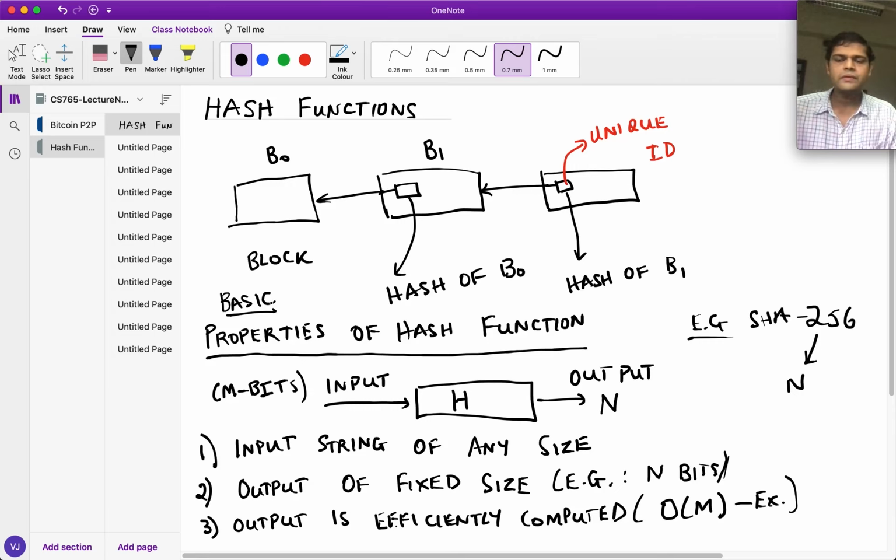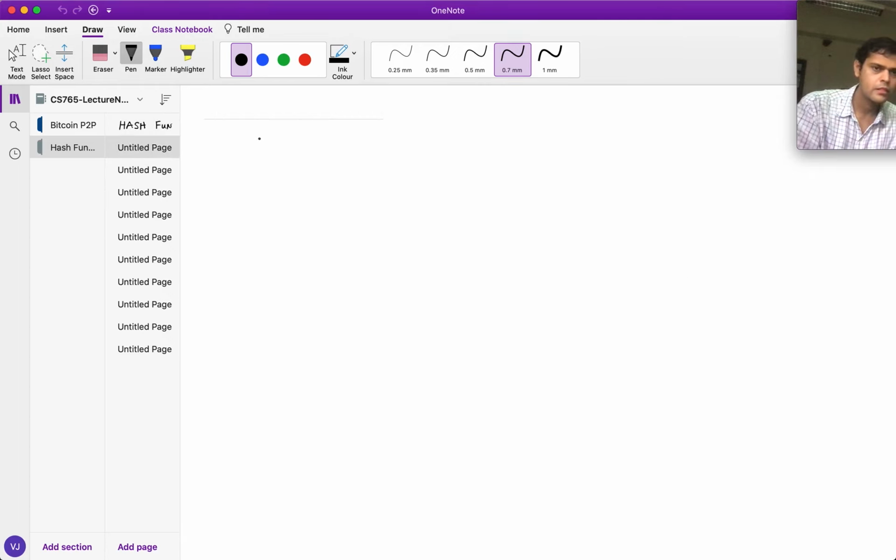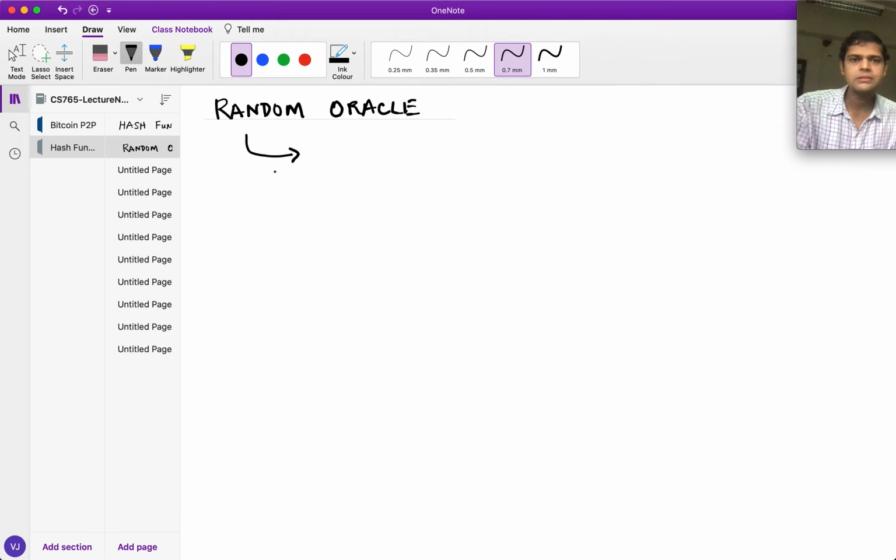And what we are after is something called a cryptographic hash function. Before we go to cryptographic hash functions, I wanted to talk about something called a random oracle. A random oracle is a theoretical idealized cryptographic hash function.